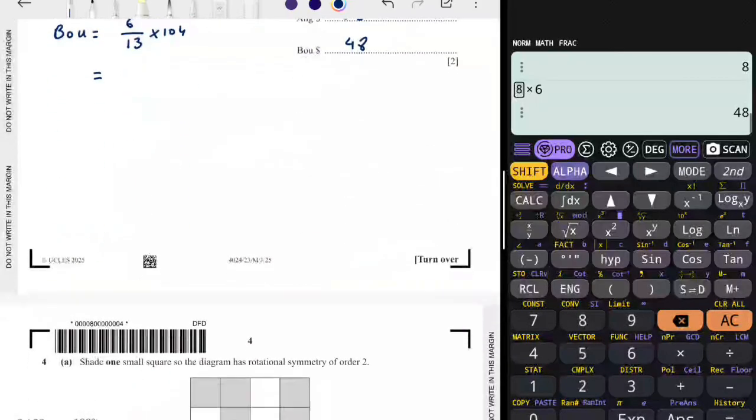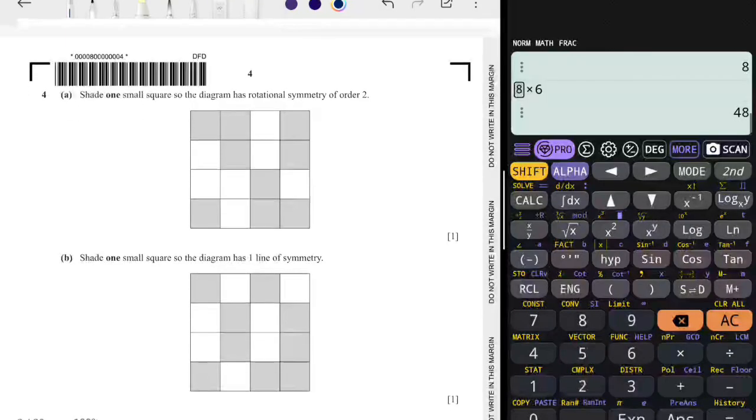Next question. Shade one small square so that the diagram has rotational symmetry of order 2. So by observation, if you see the first row, you will come to know that in the first row, first two boxes are colored, then empty, then again colored. Now look at the column.